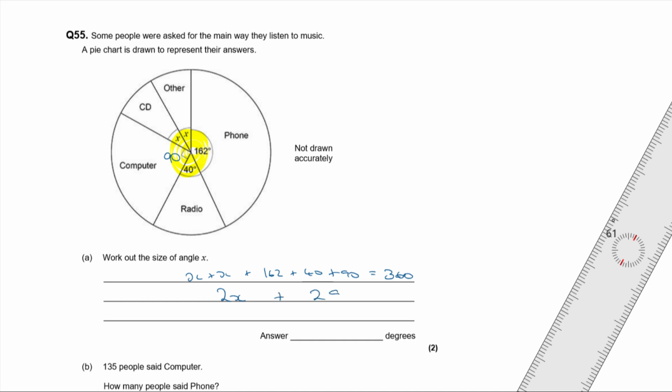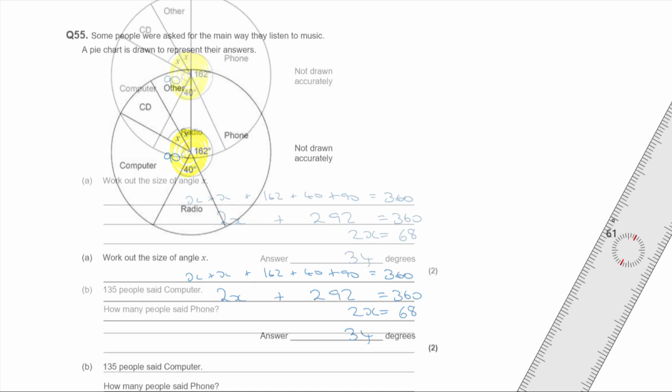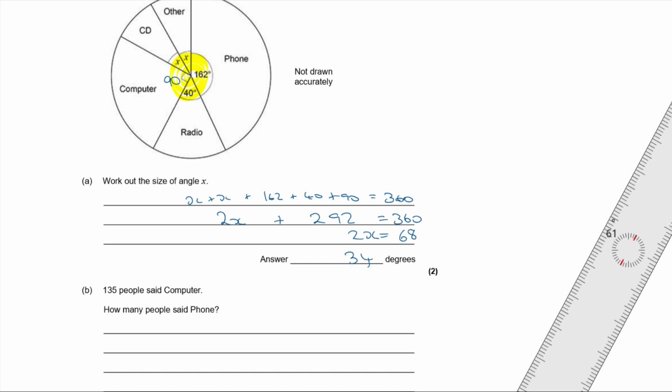So 2x plus 292 is equal to 360. So taking 292 away from both sides, that's going to leave me with 68 on this side. So 2x is 68. So then dividing both sides by 2, I'm going to get 34 degrees then for x. X is 34. And then it says 135 people said computer.